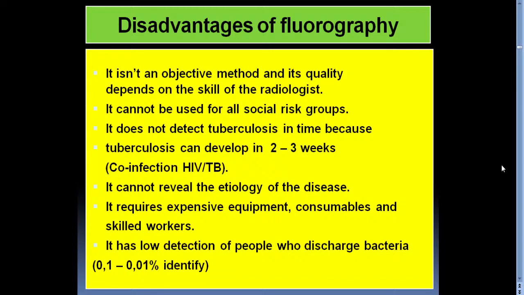It cannot reveal the etiology of the disease. We can see only a shadow on X-ray, and this shadow we should differentiate. It requires expensive equipment, consumables, and skilled workers.